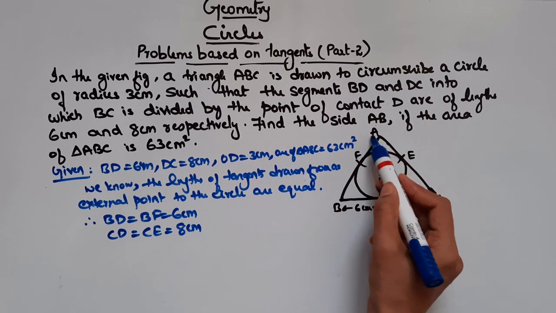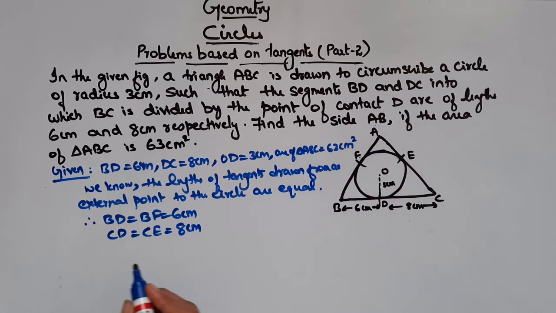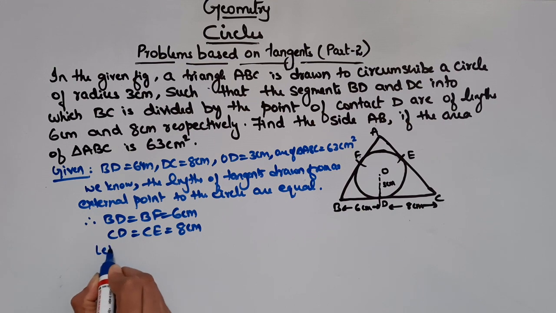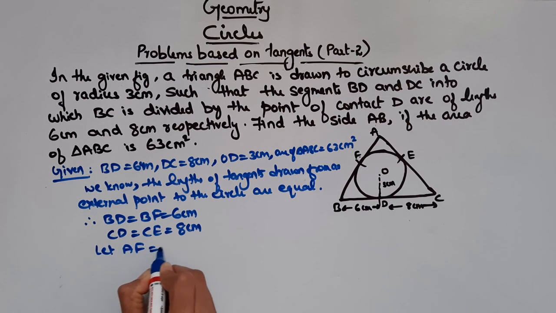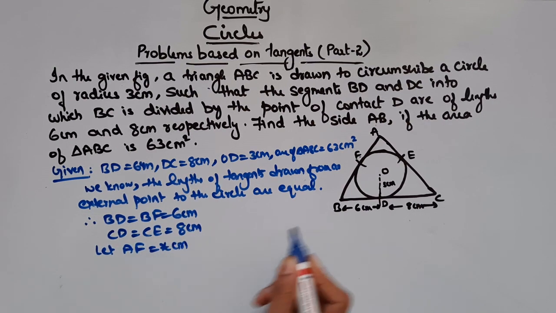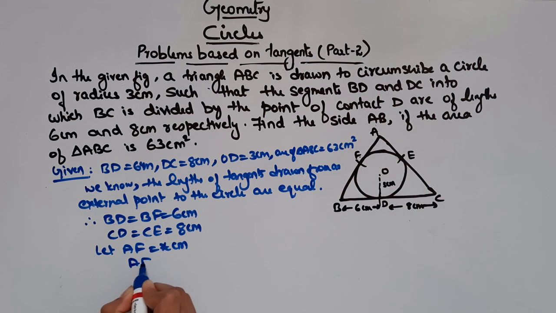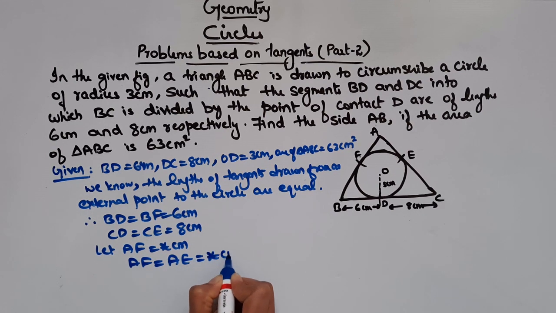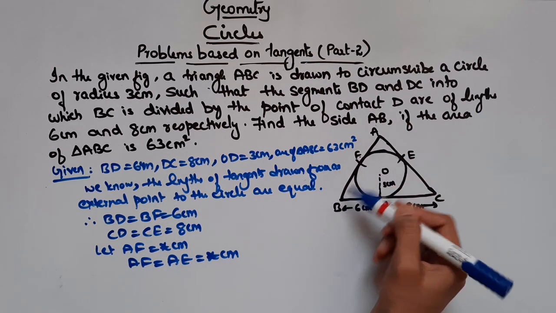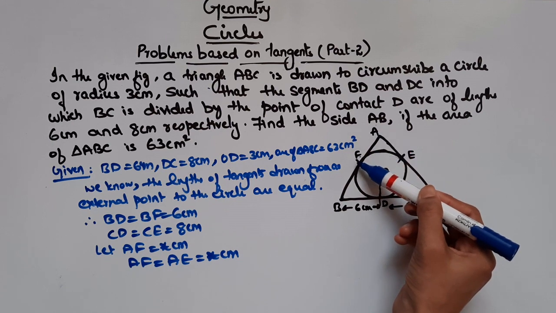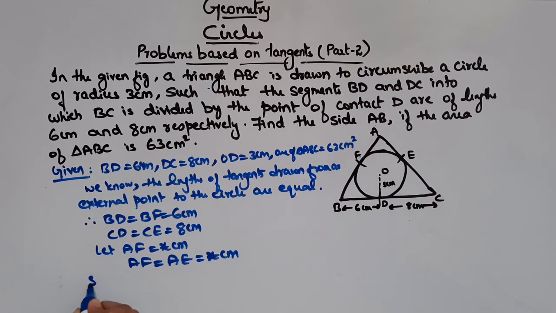So from point A, let AF be equal to x centimeter. So therefore we can say AF is equal to AE, which is equal to x centimeter. So now what is AB? AB you can write as AF plus FB, right?